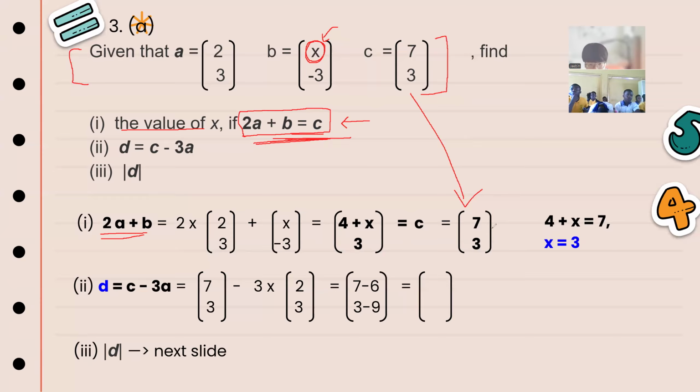We finally get 4 plus x equals 7, and then x equals 3.